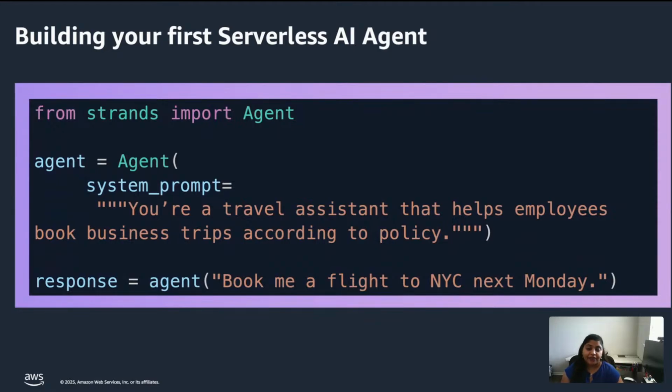Let's say you have the following technical requirements. You define a system prompt, the model you want to use, integrate tools for API calls like business logic, knowledge bases, and you want to ensure proper authentication and proper observability. And Strands SDK handles all that heavy lifting for you, so you can focus on building smart, responsive agents with very minimal overhead.